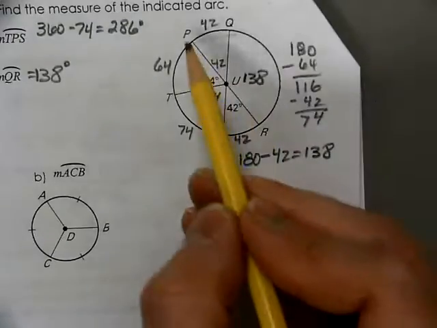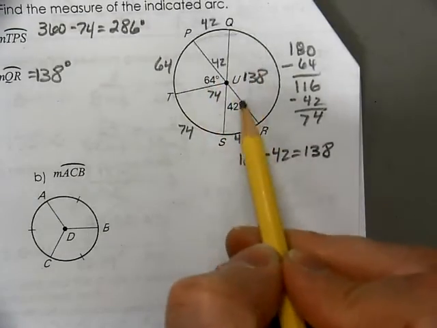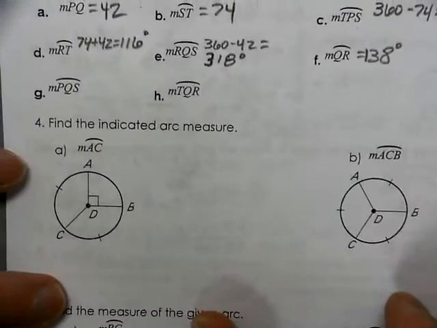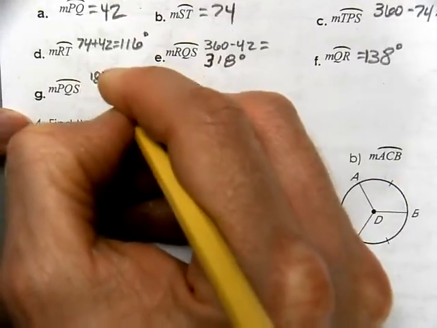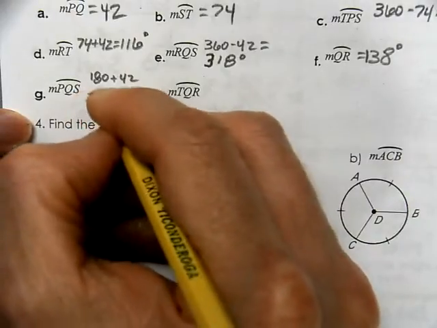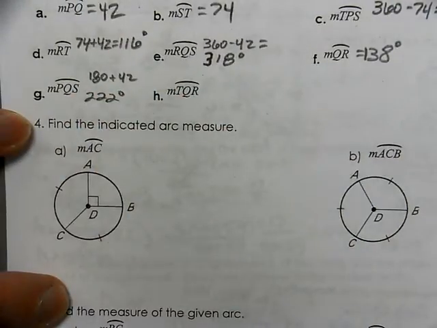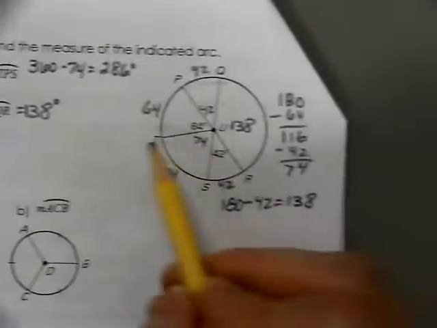PQS. PQS is half the circle plus 42 more. Half the circle plus 42 more. 222. And then TQR.